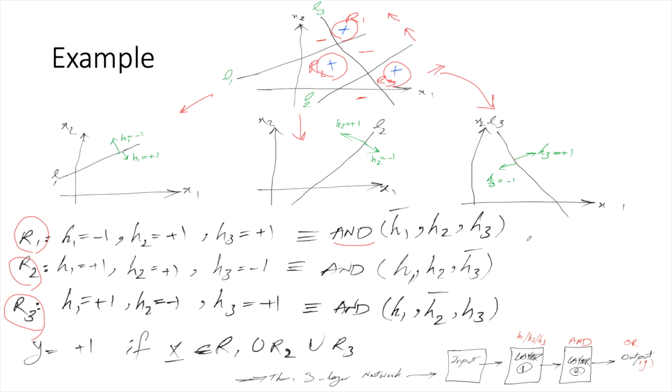So now, after combining these 3 with the OR function, we're going to see that our Y, the true output, would be 1 if your X is included in R1 plus R2 and plus R3 as the OR case.